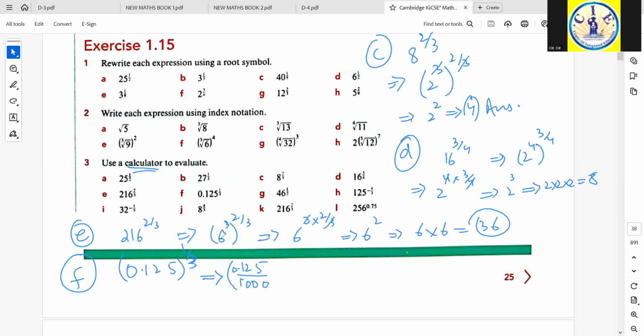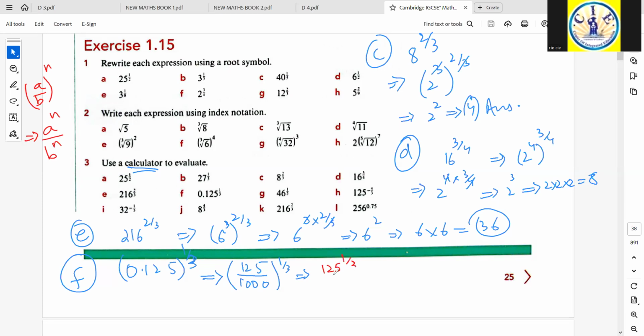Now there is a rule of indices: whenever a fraction has the same power, that power applies to the numerator as well as the denominator. So this is what I'm going to apply here.